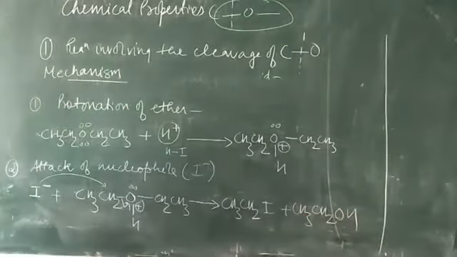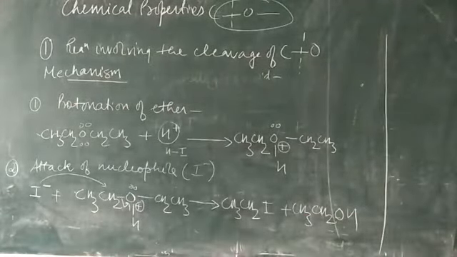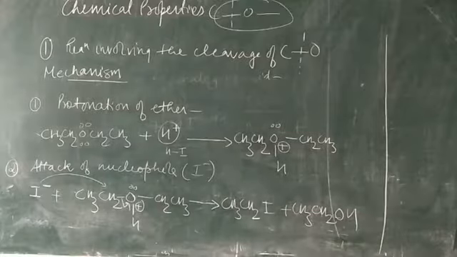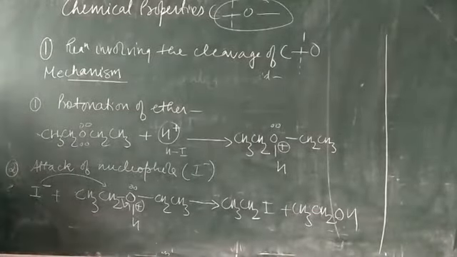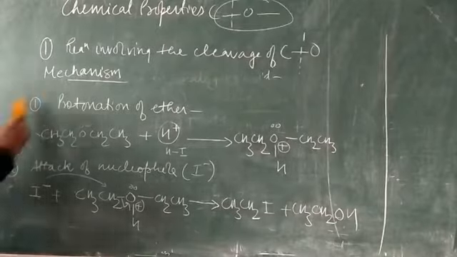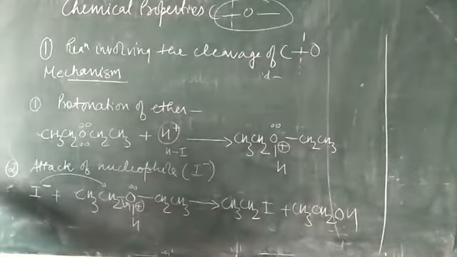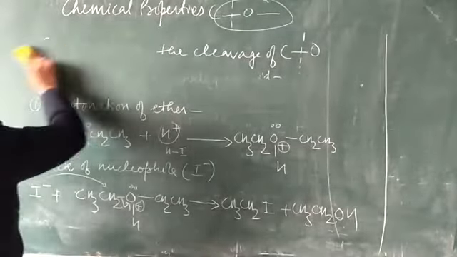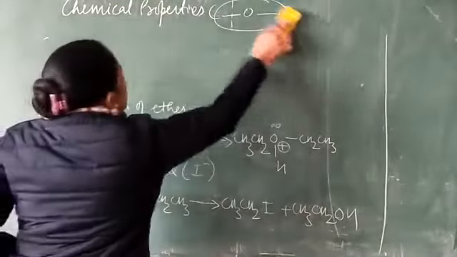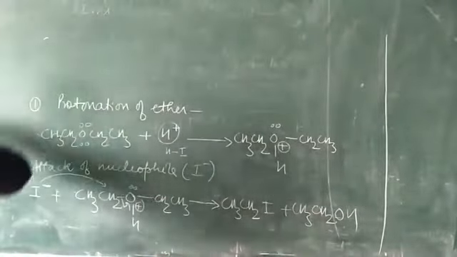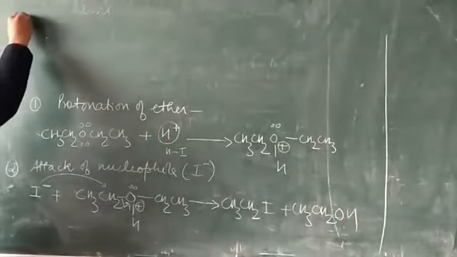This is the reaction when we have taken HI in less quantity. Here the HI will be in less quantity. But if the HI is in excess, that time, students, this is the third step.